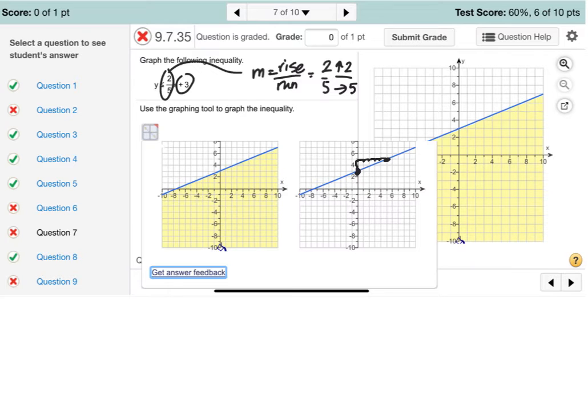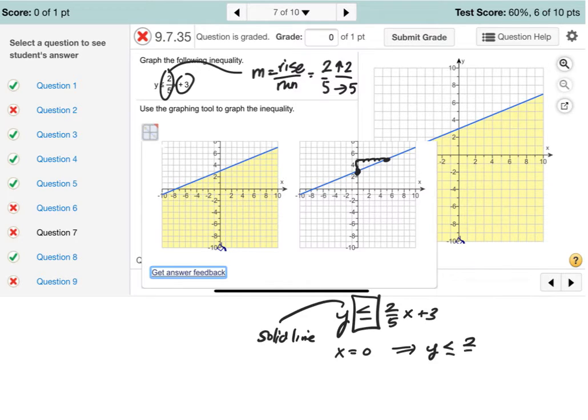And you have a solid line here, since the inequality says y is less than or equal to 2/5 x plus 3. Then the last part is, do we shade above this line or below the line? If x is 0, we have y is less than or equal to 2/5 times 0 plus 3, so y is less than or equal to the y-intercept of 3.